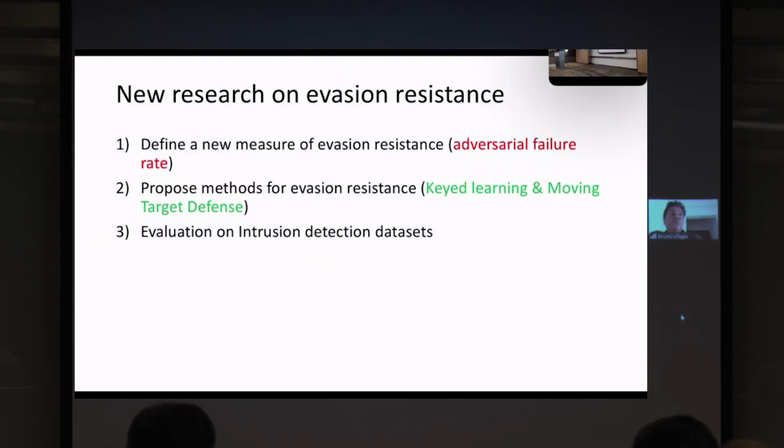Then we propose some methods to mitigate evasion based on Q-learning and moving target defense. I will explain them, and then if I have time, I'll also show you the results.